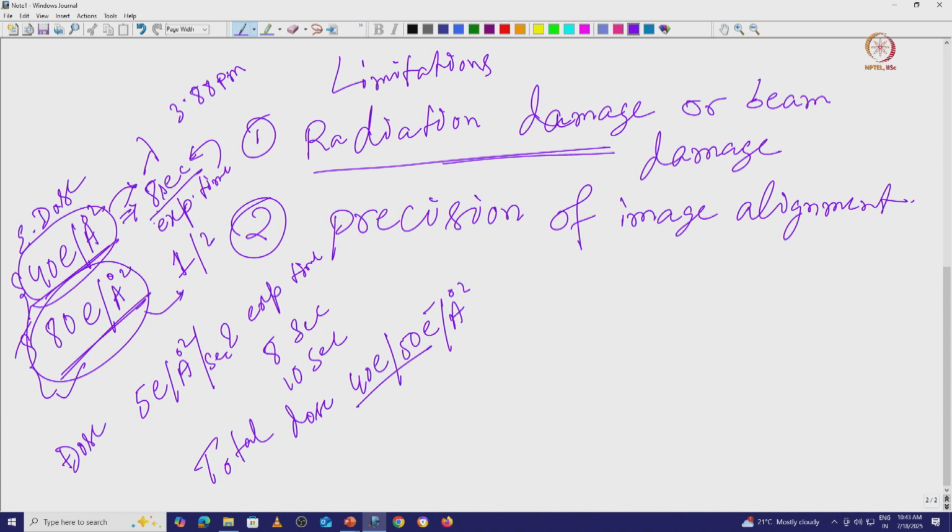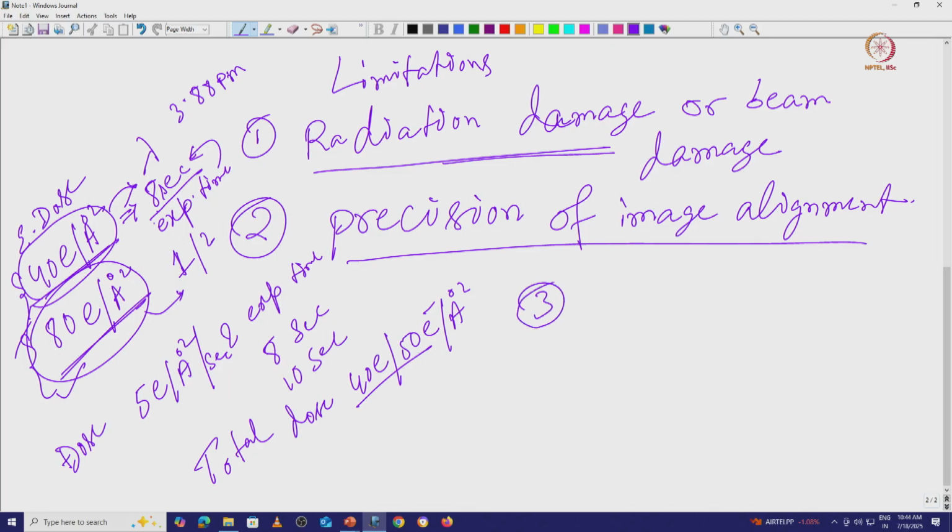Our cryo-EM data is always very noisy. When we calculate the cross correlation value between two noisy particles, sometimes it is very difficult to get the perfect alignment, and that gives us the wrong alignment and some average of all these wrong particles together. So the precision of the image alignment is another problem.